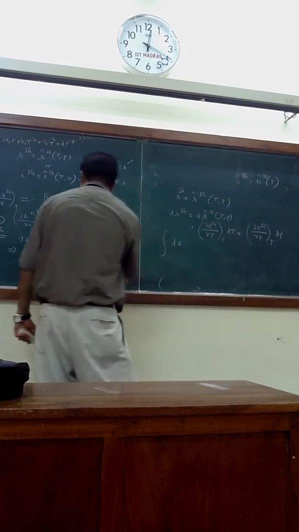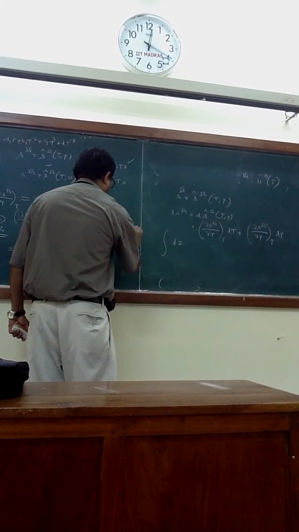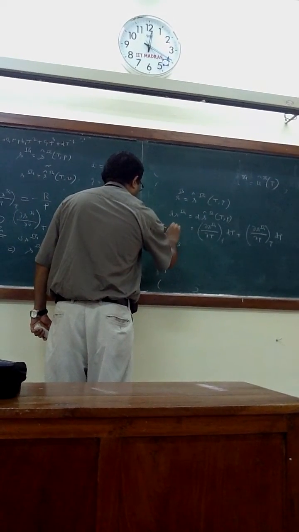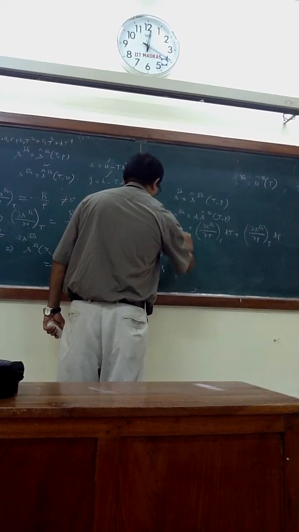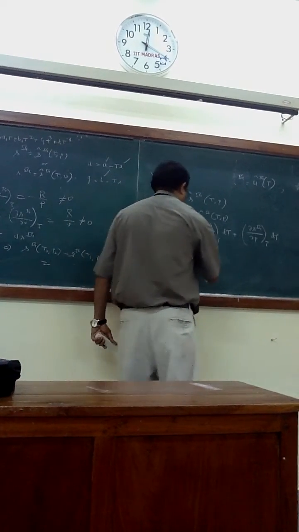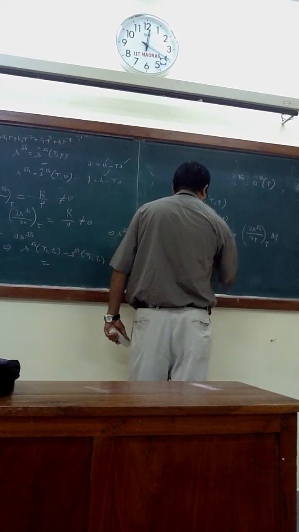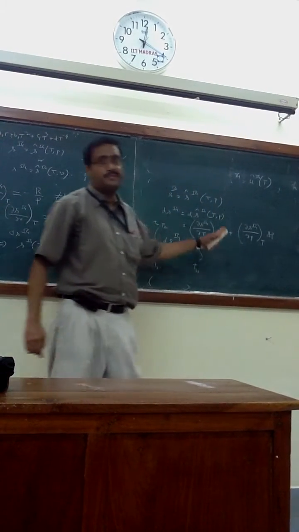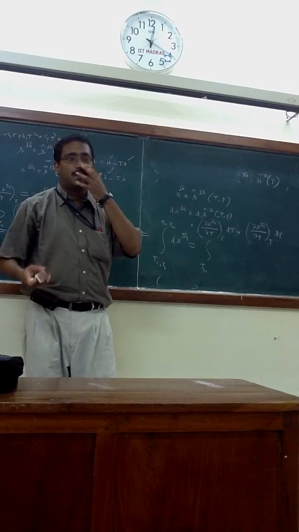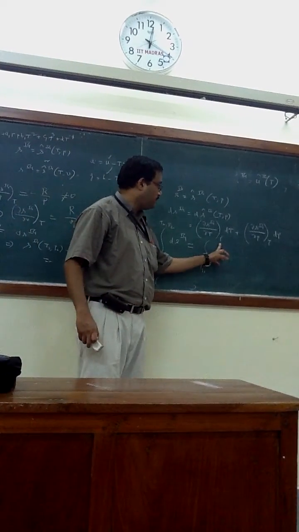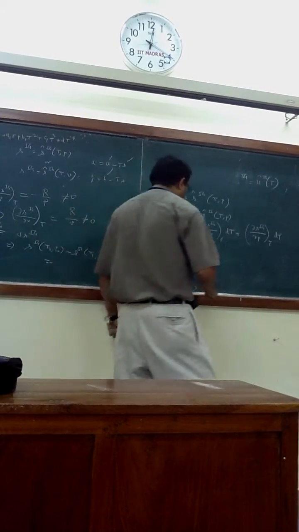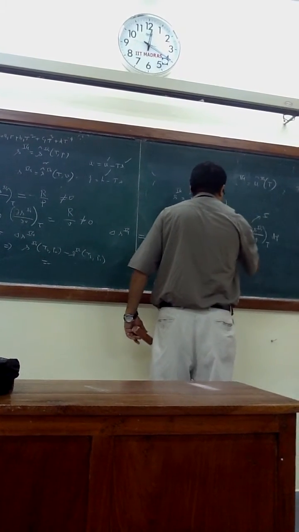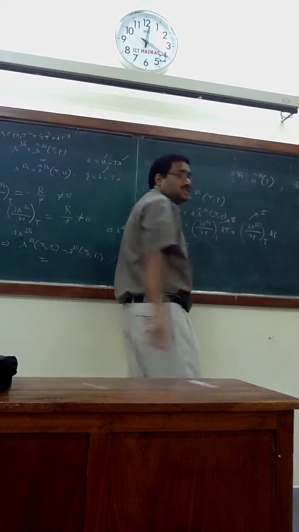So this is delta S ig, which is nothing but the integral from (T1, P1) to (T2, P2). Here, P is fixed at what pressure? P1. Or if you want to take this as the first step, this is better. In the second step, temperature is fixed at T1, right?